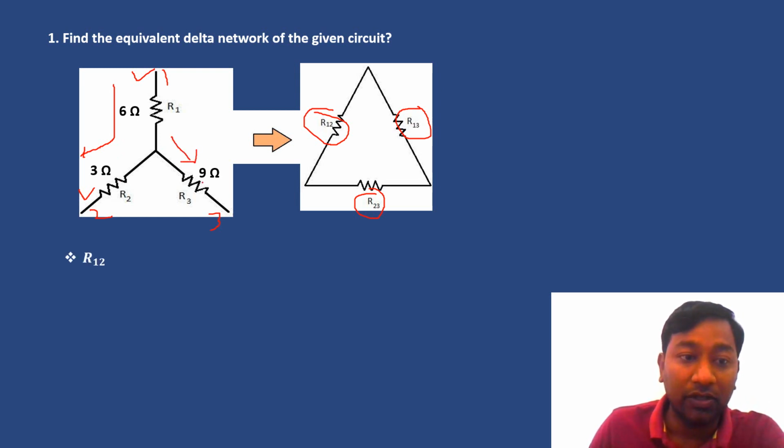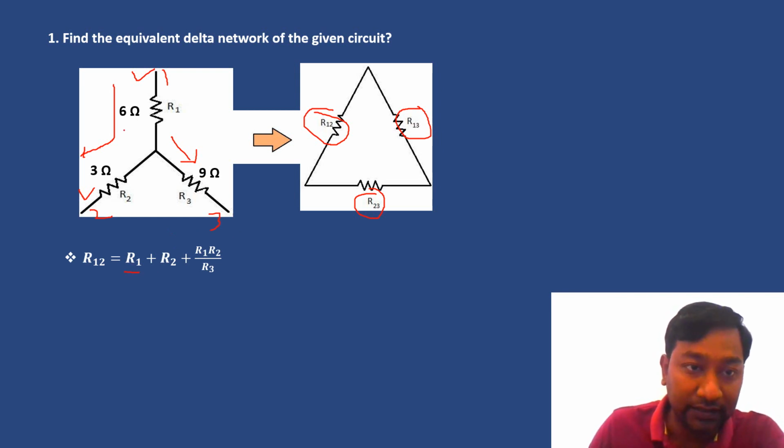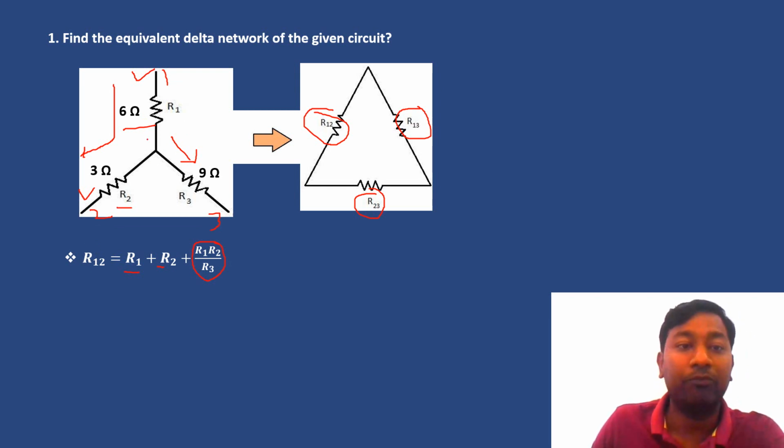So R12 is R1 plus R2 plus R1 R2 divided by R3. This is the third term related to this. So R12 is R1 plus R2 plus R1 into R2 divided by R3.